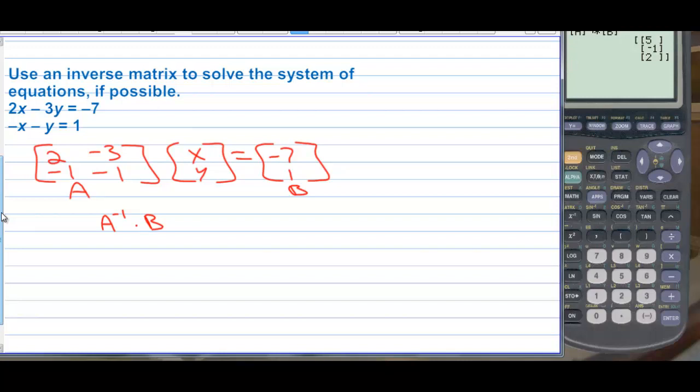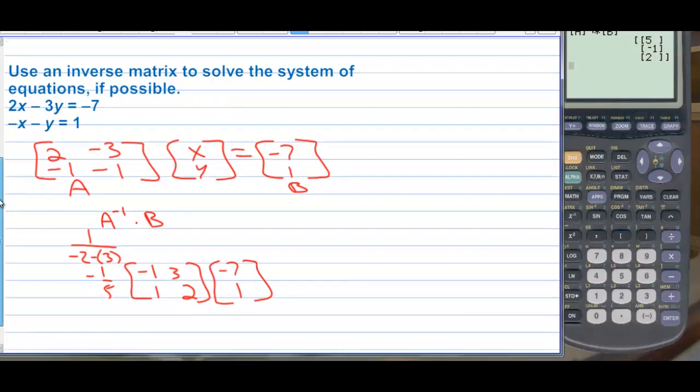We need A inverse, which is 1 over, we have negative 2 minus 3, which is negative 1/5, and then times negative 1, 2, 1, 3. Then multiply that times negative 7, 1.